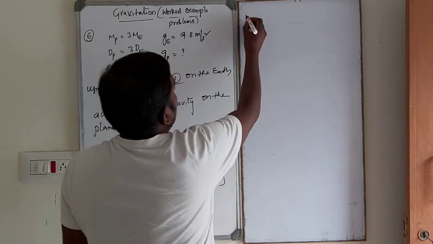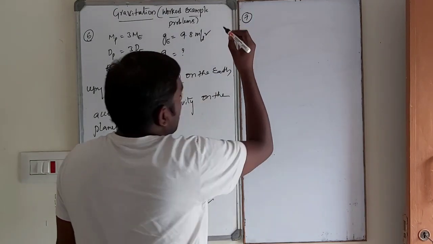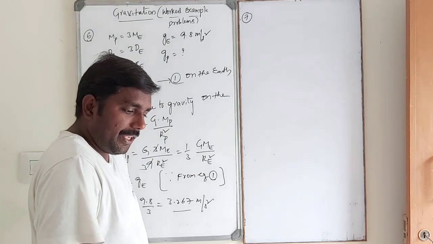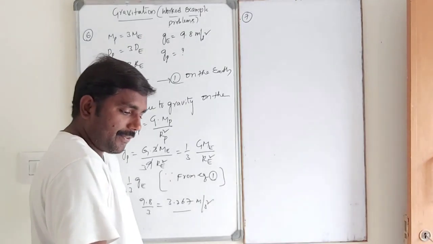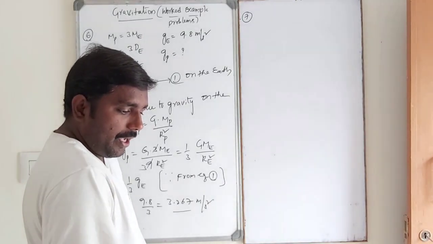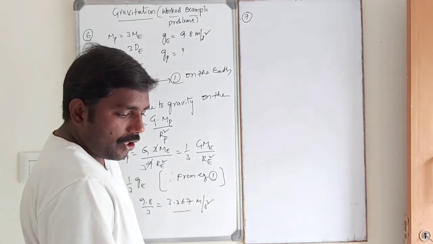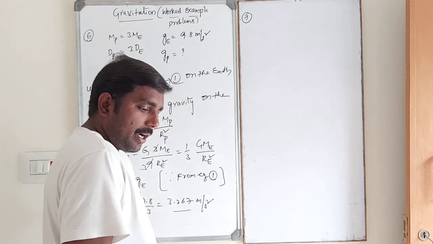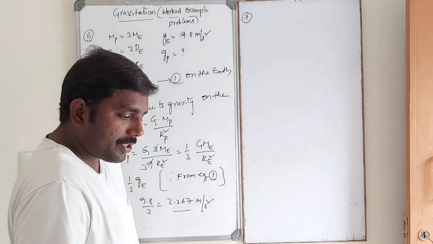Next problem, that is problem number 7. Find the value of acceleration due to gravity. First one, A, at a height 3200 kilometer above the surface of the earth, and B, at a depth 8 kilometer below the surface of the earth.